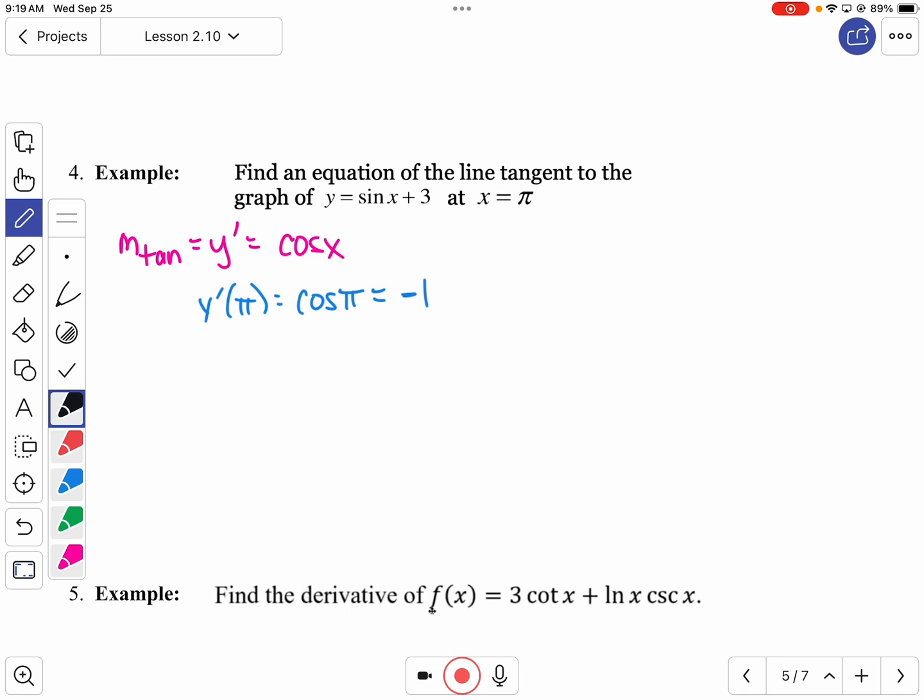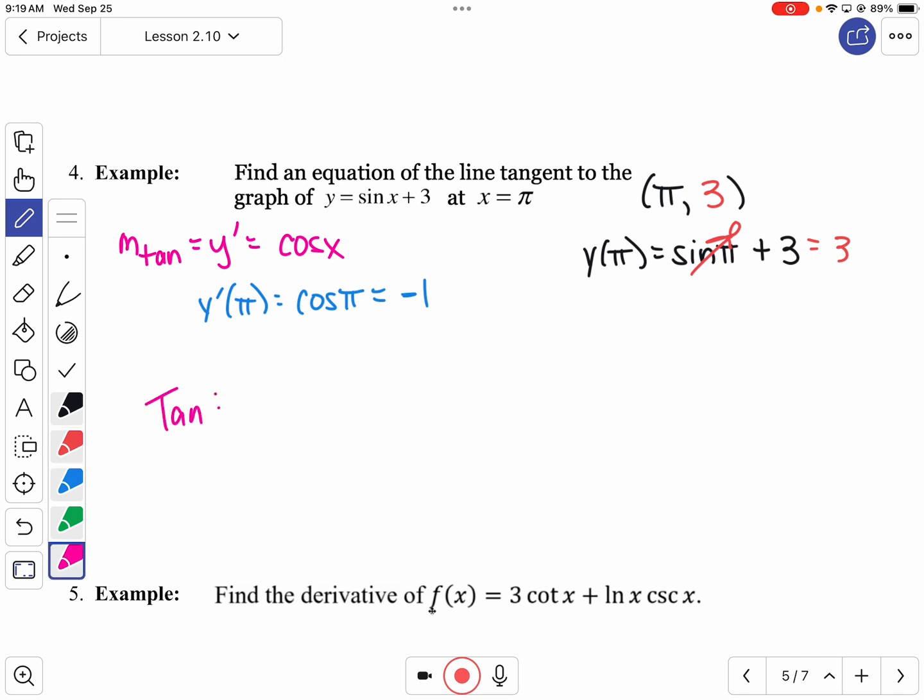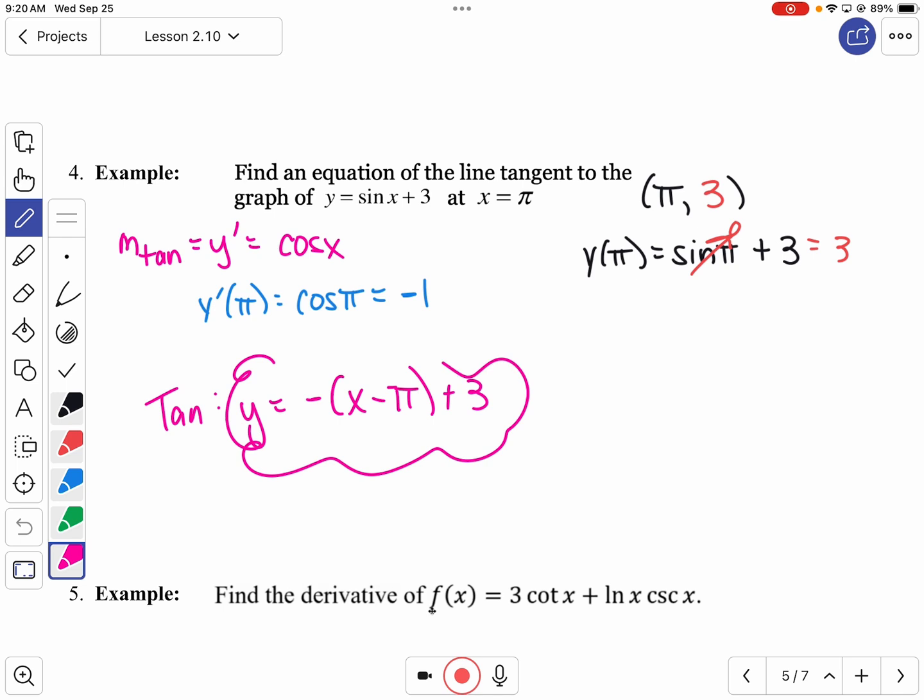We know the x value of my ordered pair, but we need the y value. So we plug in pi for x, which gives the sine of pi plus 3. What's the sine at pi? That's 0, and so it would leave me with 3. So I have my slope now and I have my point. So my tangent equation is y equals negative (x minus pi) plus 3. Leave it that way.